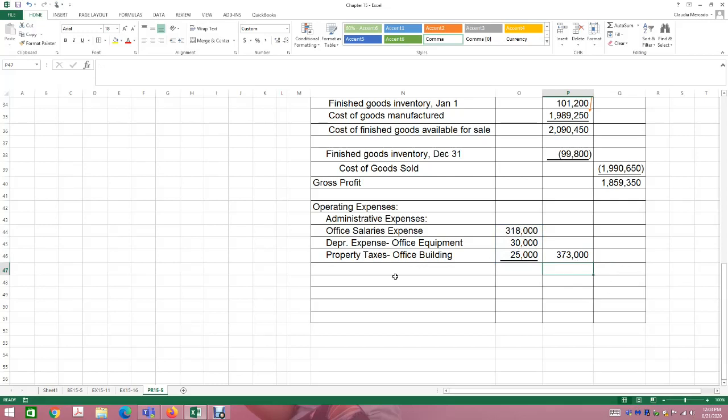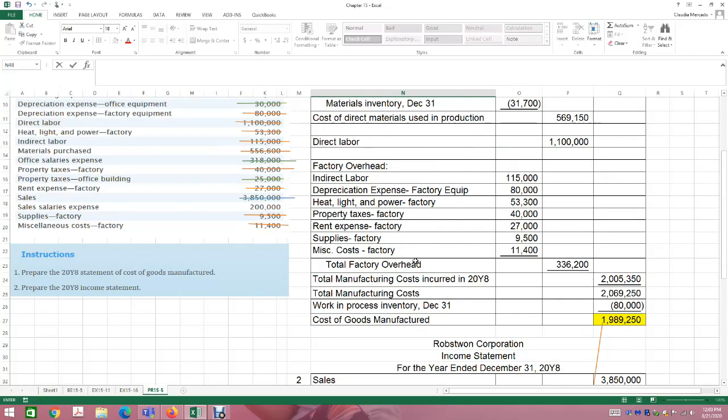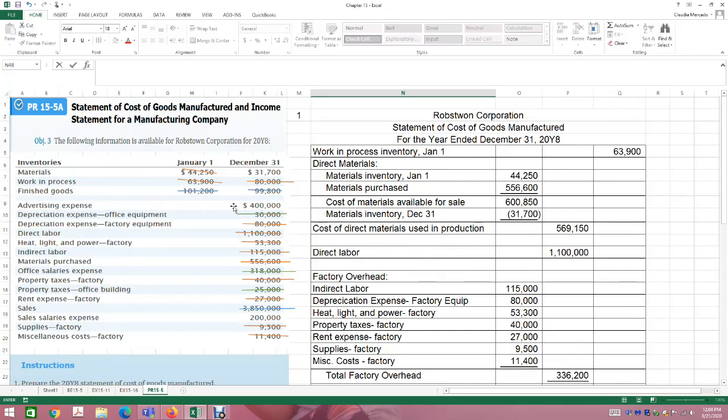Now we have our selling expenses. For selling expenses, this is what we put in for selling, advertising, the people that are actually going out there doing the sales, anything of that nature. So selling expenses, we have advertising expense of $400,000.